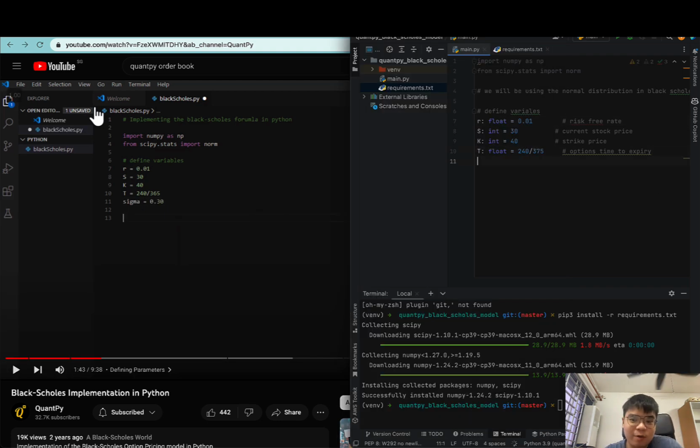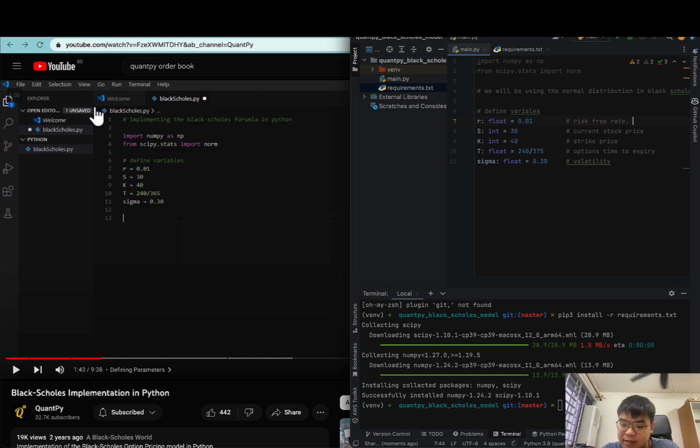I'm not too sure what exactly this sigma here is. So this is the volatility, and Jonathon set it to 0.3, but I'm not too sure what this 0.3 here means from a qualitative perspective.